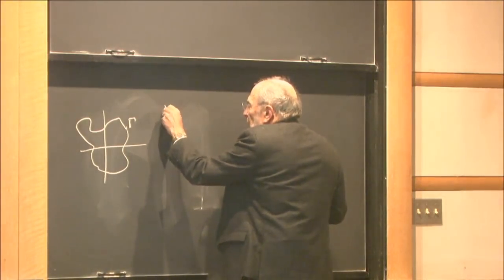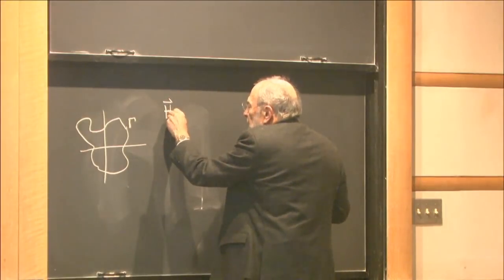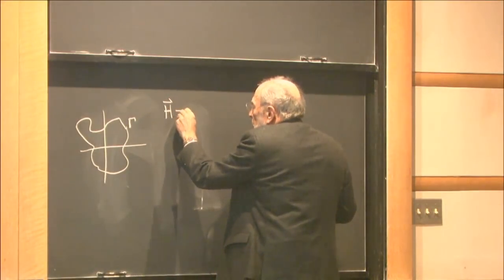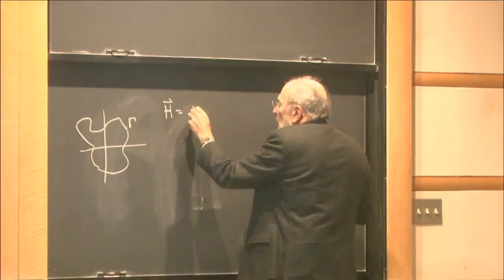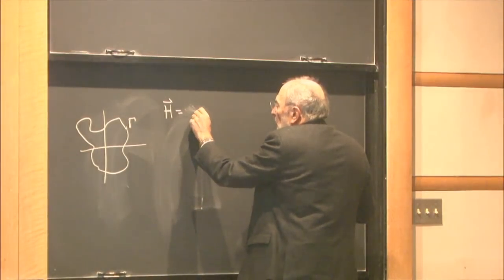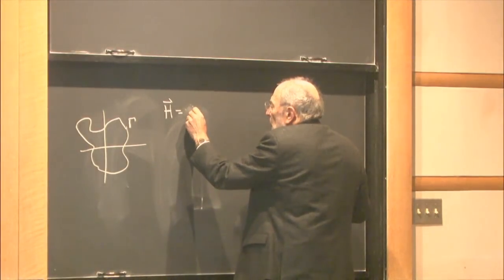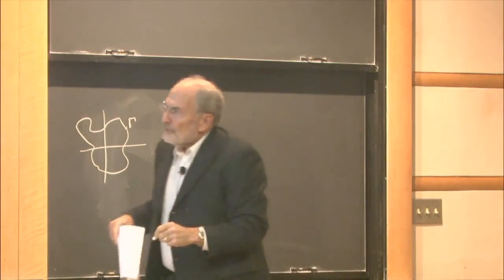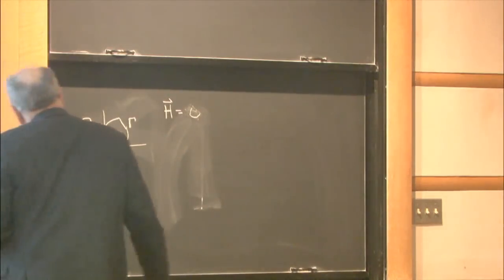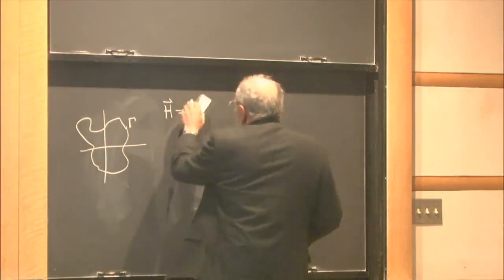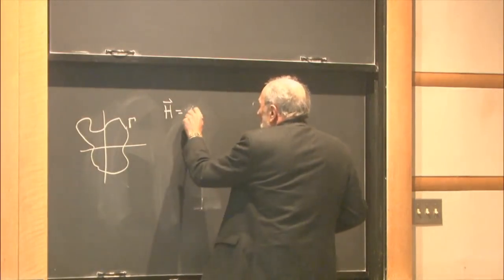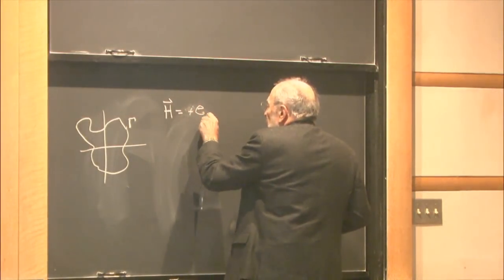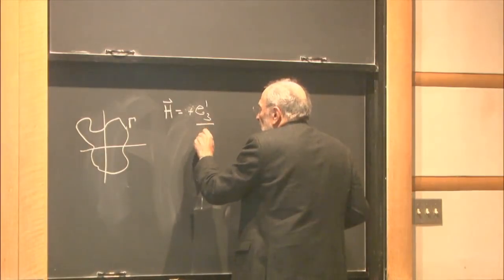So I could try to look at this equation. I'll write this way: minus E3 perp over lambda.